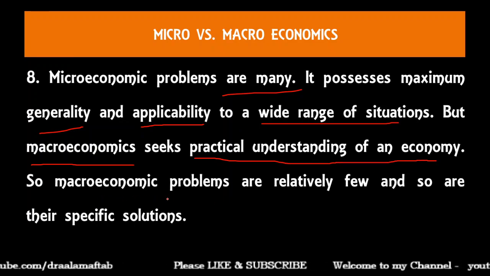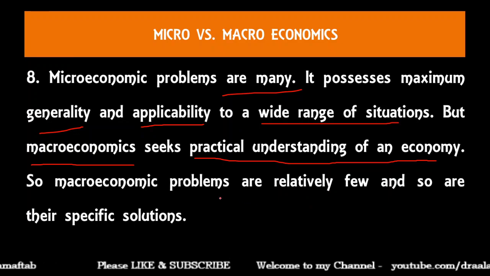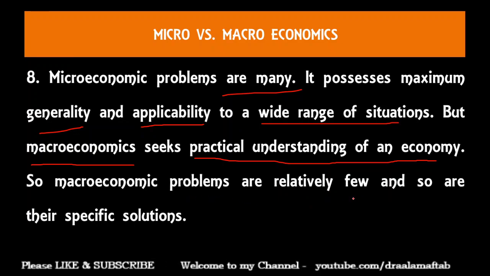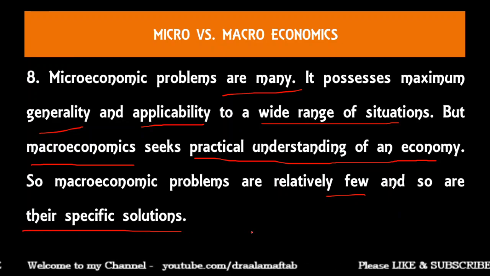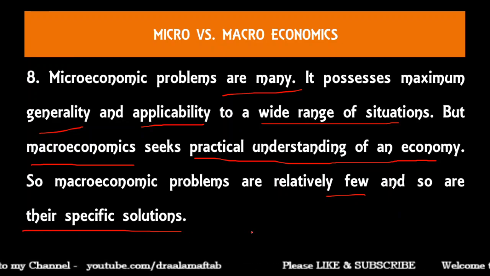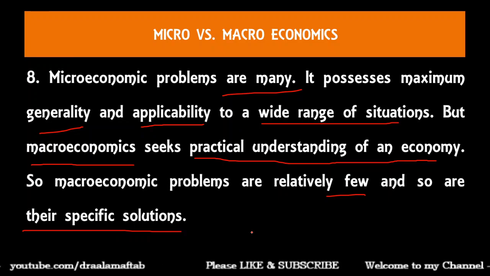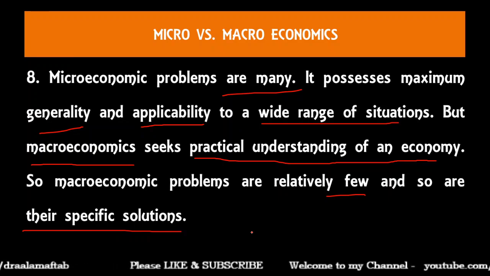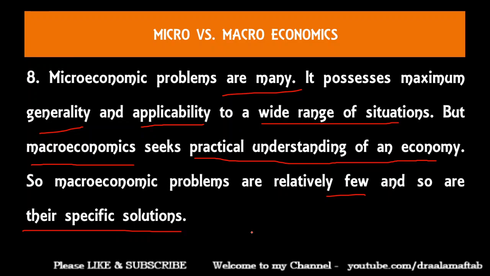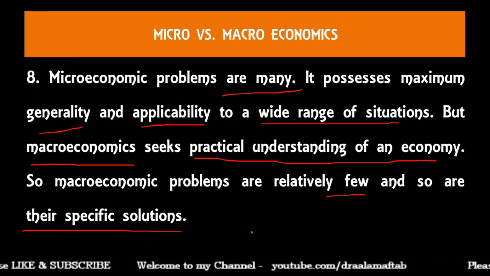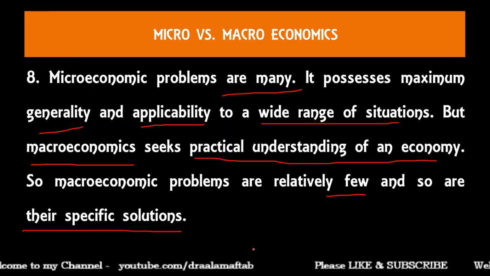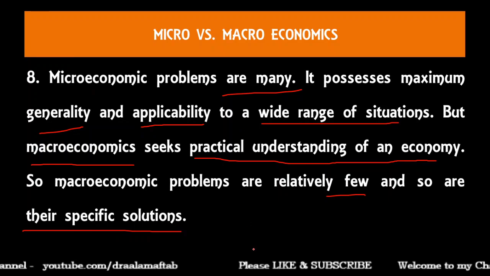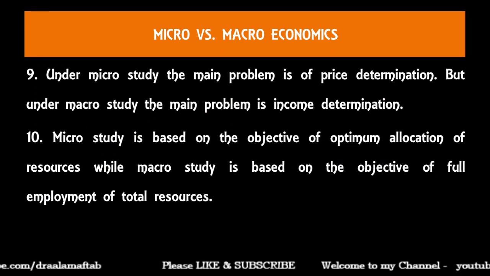So macroeconomic problems are relatively few, and they are specific, like the problem of unemployment, problem of poverty, the inflation problem or balance of payment deficit problem. So these are few selective problems at macro level, whereas at micro level the problems are so many because the individual entities are so many.